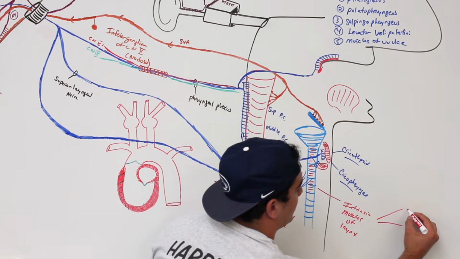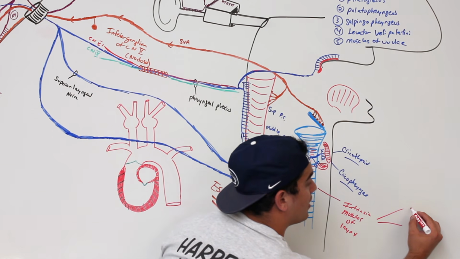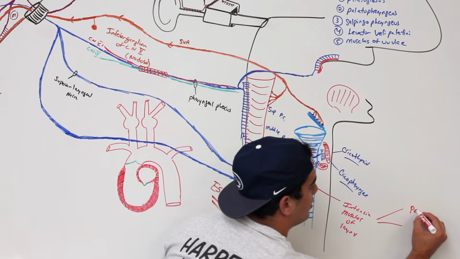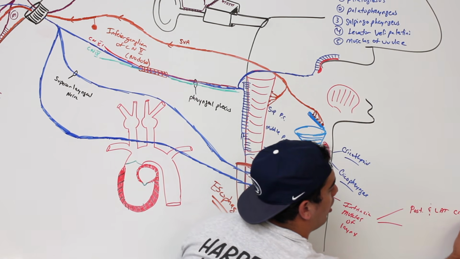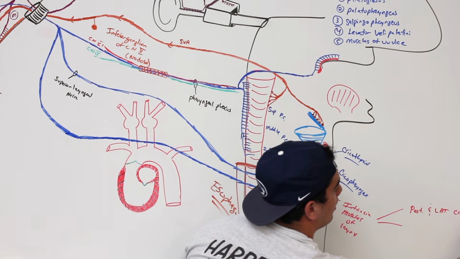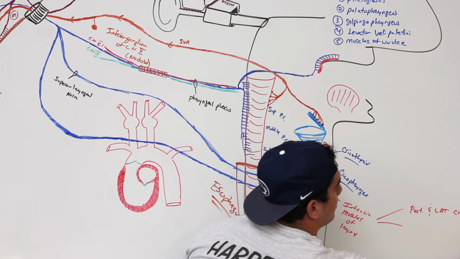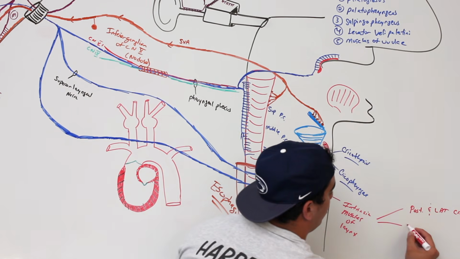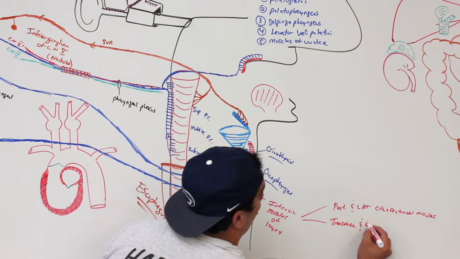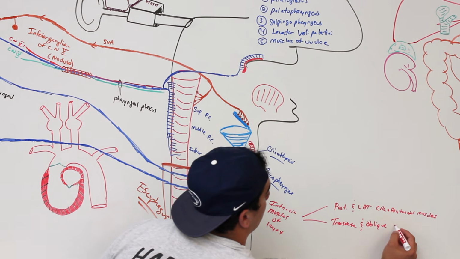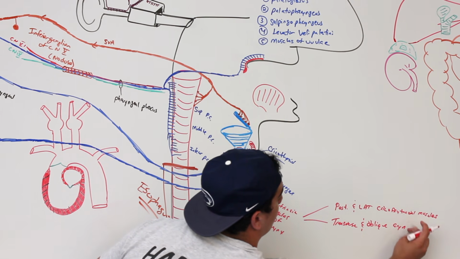There's the cricoarytenoid muscles. You actually have a posterior and a lateral cricoarytenoid muscle. You even have what's called a transverse and oblique arytenoid muscles.